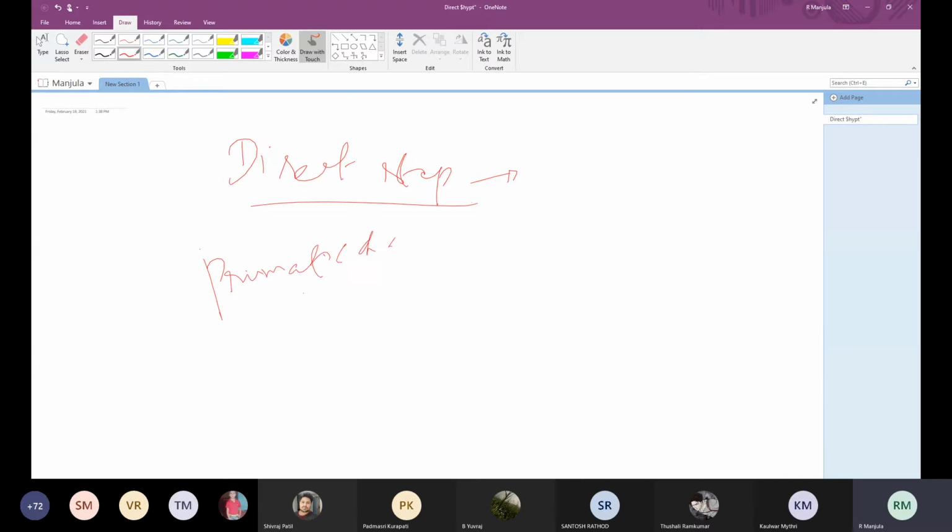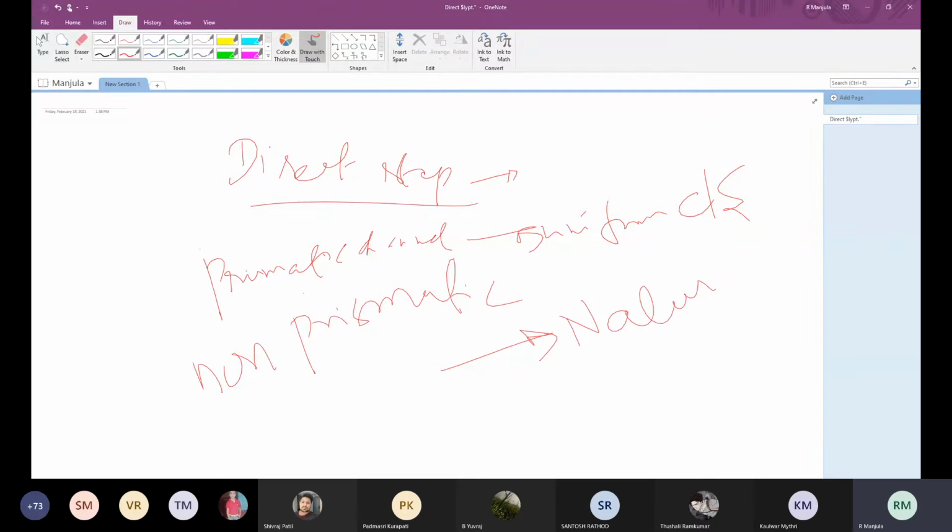What do you mean by prismatic channel? When the channel has uniform cross section, you have prismatic channels. When the channel is non-prismatic, what do you mean by non-prismatic? Natural channels are non-prismatic channels. What do you mean by natural channels? The cross section of the channel is not going to be uniform throughout the reach.